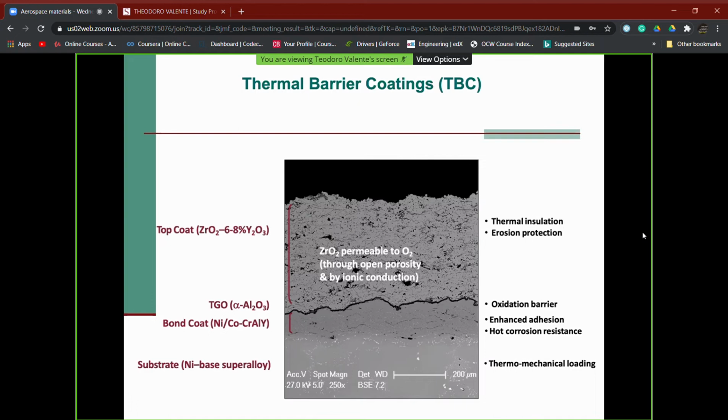Let's take, as an example, silicon carbide, which has silicon, Si, and carbon as its two elements.